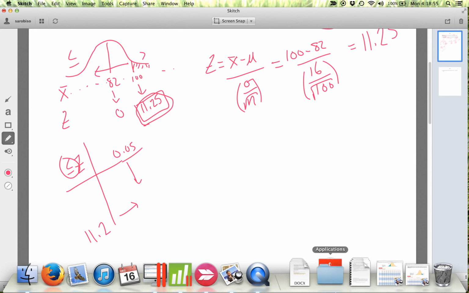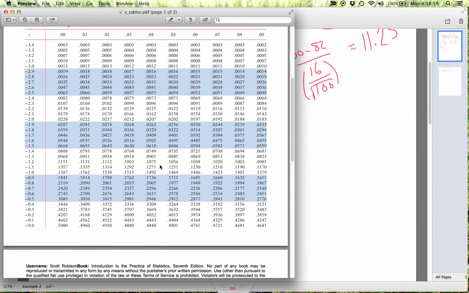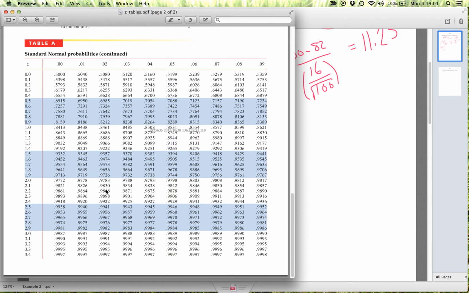Unfortunately, when we actually take a look at our Z table, the largest value that we have doesn't go up as high as 11.2. The highest value that we have is actually 3.4, and the largest value it goes up to is 3.49, which gives us a value that's very close to 1. Although we don't have an 11 on this table, we can use our imagination.